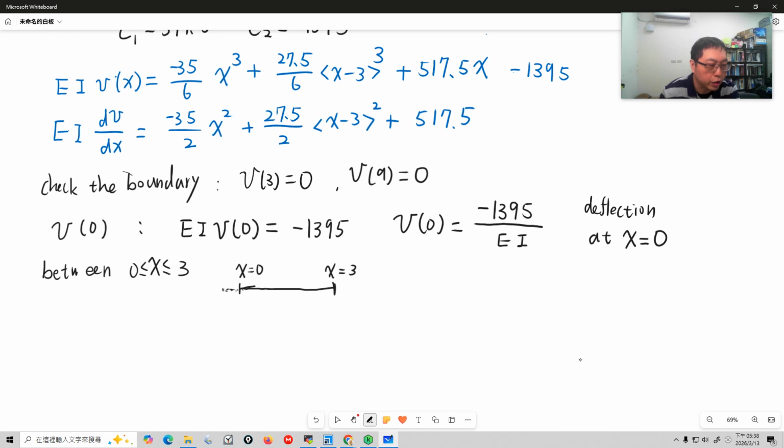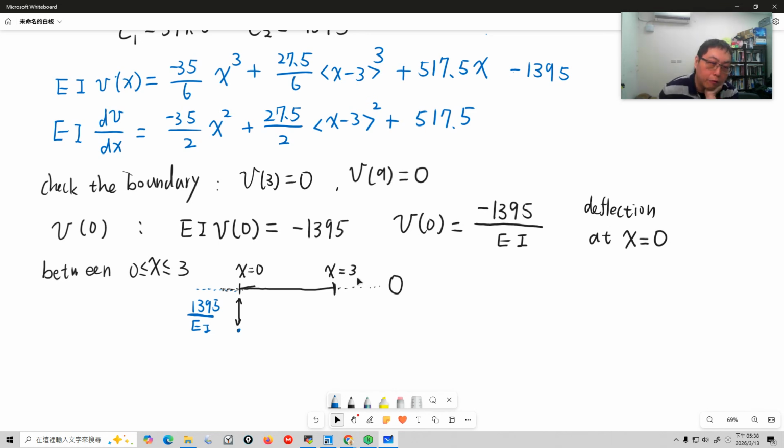What's the deflection at x equal to 0? It's minus 1395 divided by EI, so the displacement is negative. And what's the displacement at x equal to 3? It's 0.